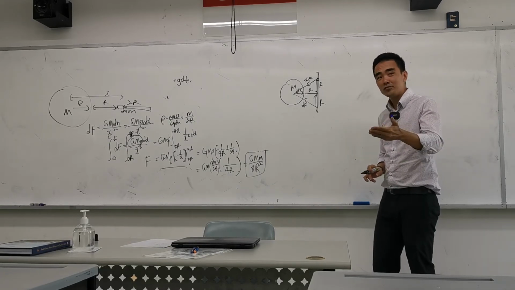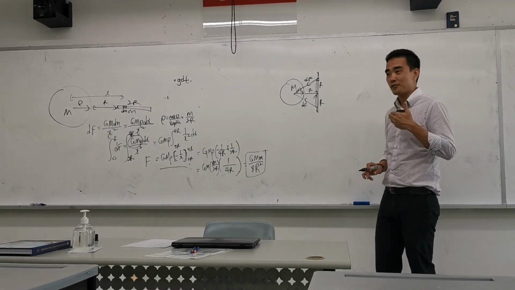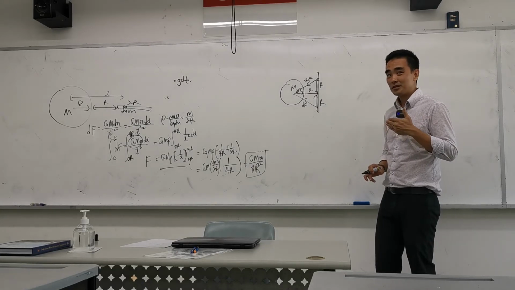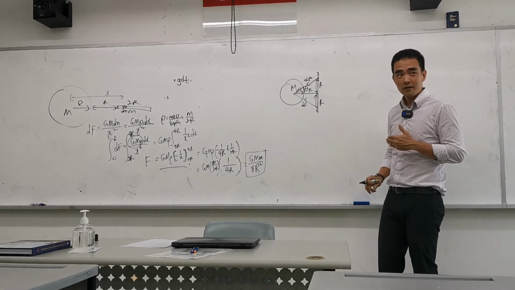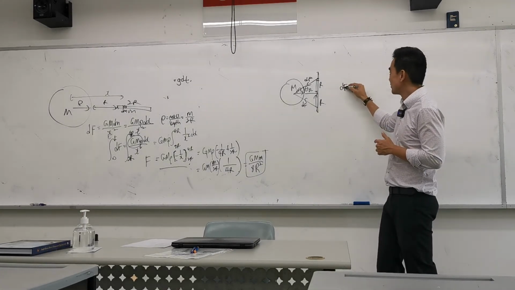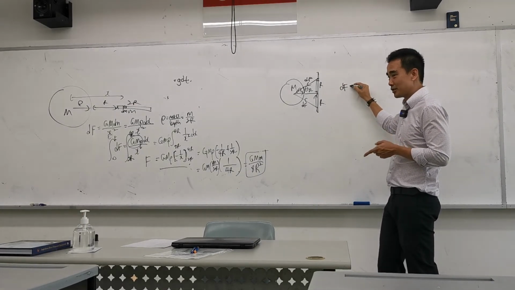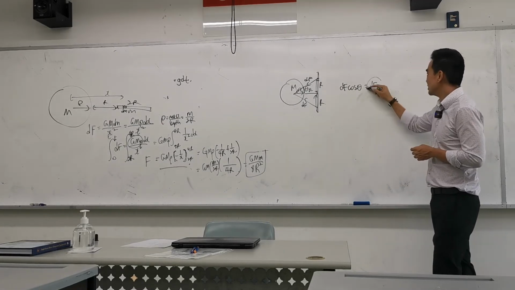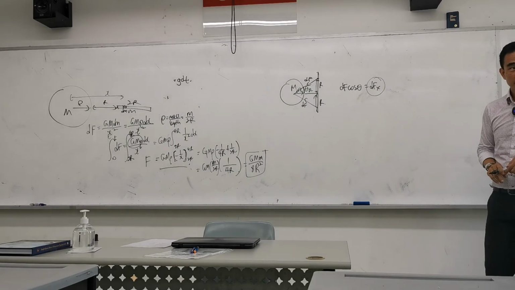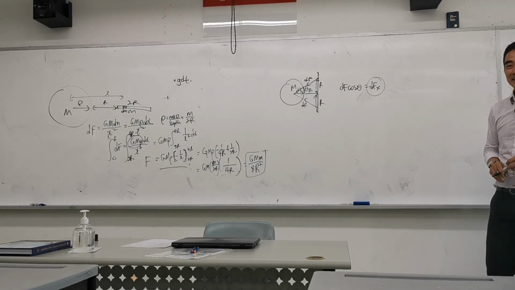Because of that, you need to take the component of the force. If this is called theta, is it cosine or sine theta? It's dF cosine theta that adds up. So this is the one that you want to add up.